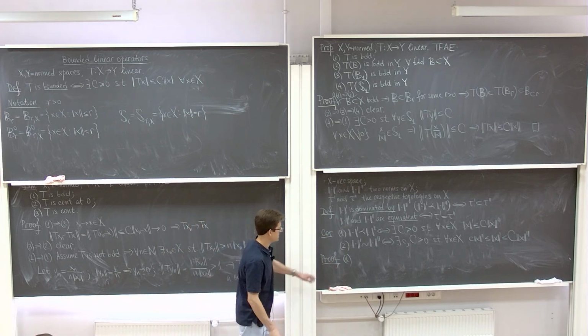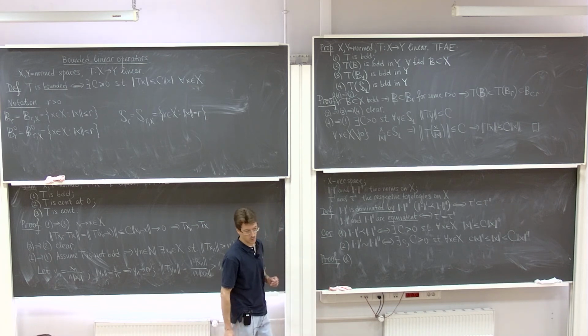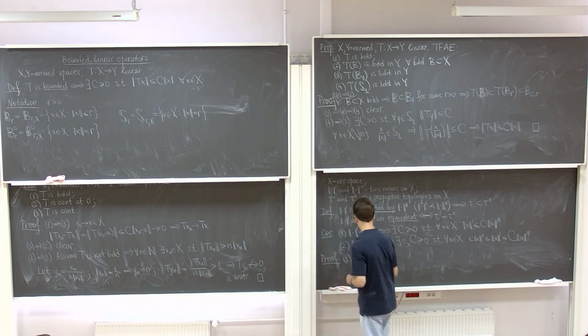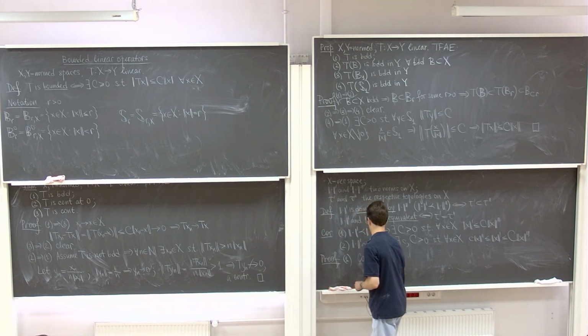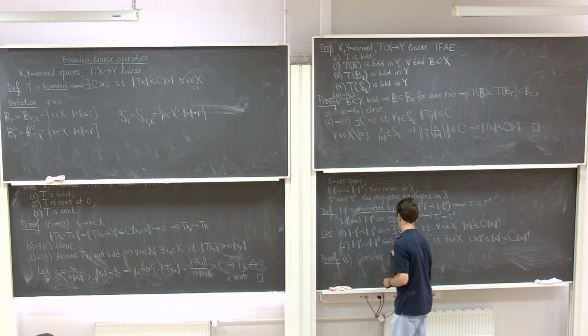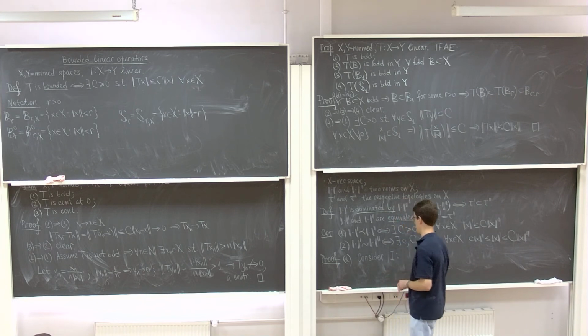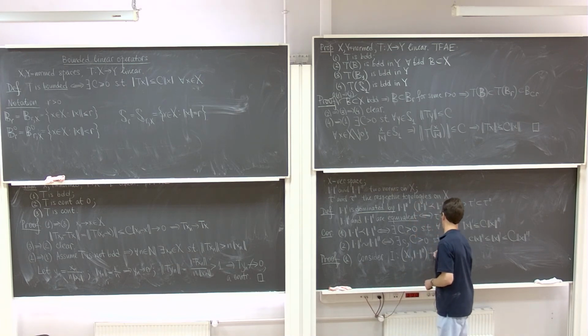To prove the first part of this corollary, we consider the following operator. Let's denote this operator by big I. And this operator acts from X equipped with the second norm to X equipped with the first norm.